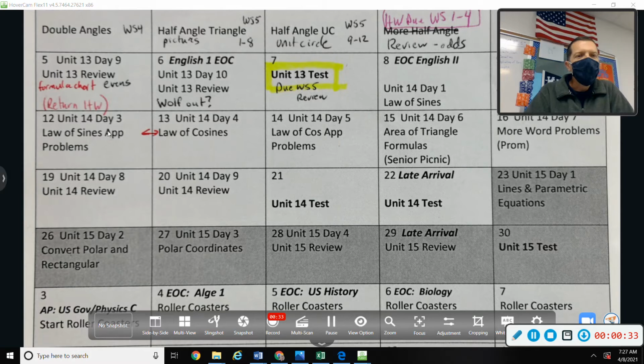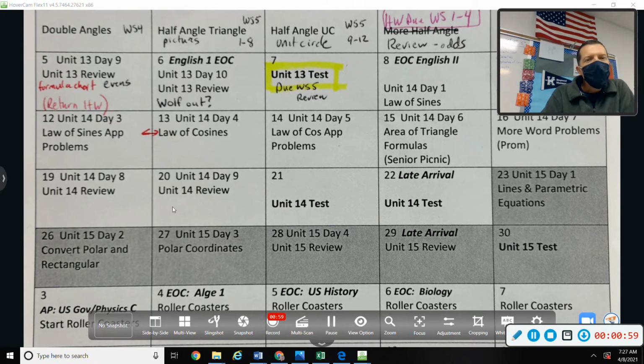The trouble is this day 3 worksheet has cosine problems on it, and we haven't done cosines yet, so we'll switch those 2 days. Looking far ahead, this next week is a bunch of senior activity stuff, so some of the seniors won't be here for prom, picnic, depending on what period it is, and maybe that infamous senior skip day.